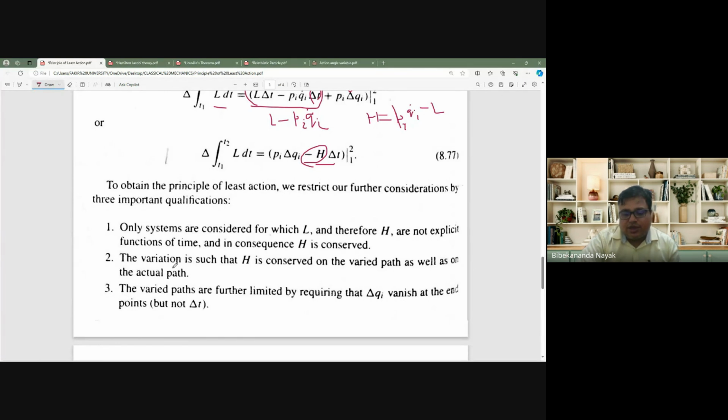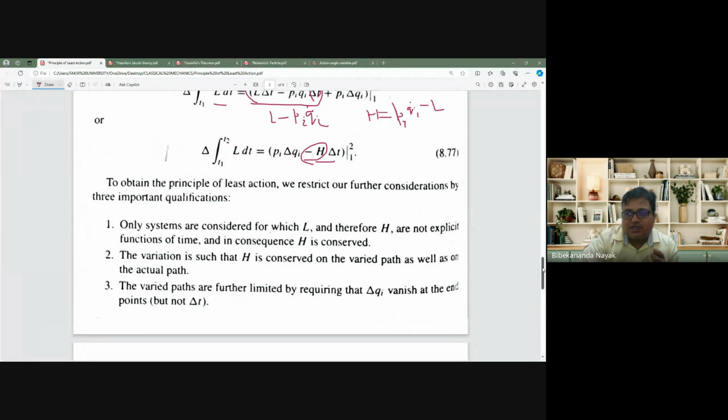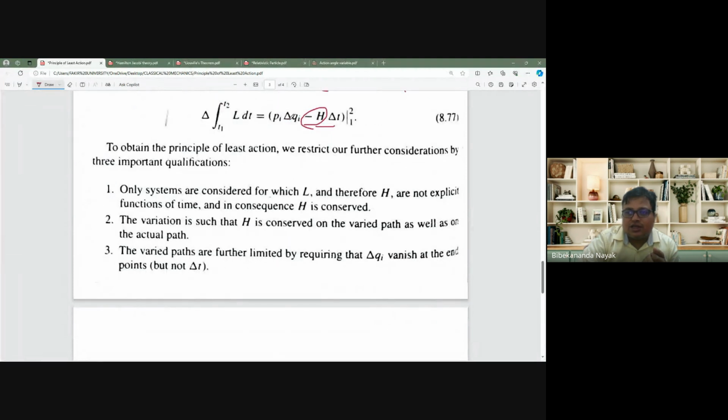Second, the variation is such that H is conserved on the varied path as well as on the actual path. Hamiltonian is conserved for both paths. Third, the varied paths are further limited by requiring delta qi to vanish at the endpoints, but not delta t. So at 1 and 2, delta qi is equal to 0.